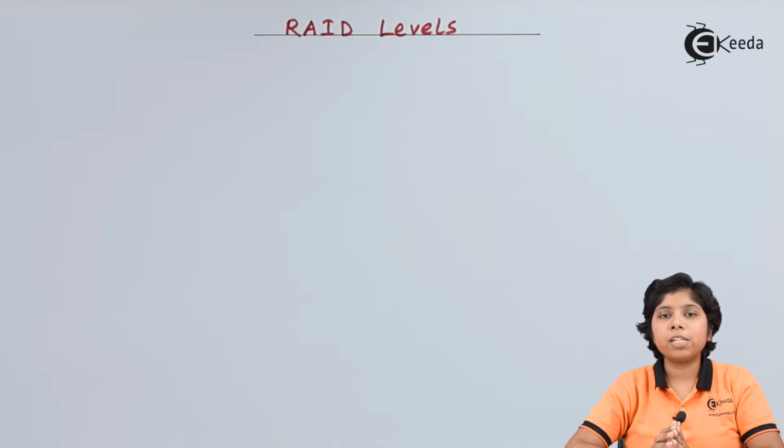So the first level is RAID level 0. RAID level 0 provides striping of the data or blocks across the disks, but it does not provide any kind of reliability. First we will see how to write to a RAID level 0 disk.